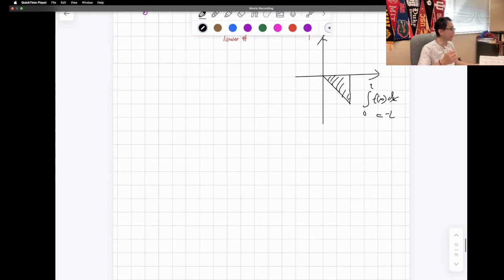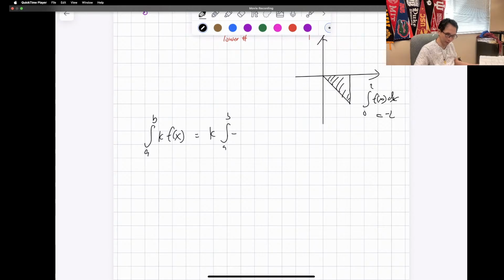Also, the old definite integral properties still exist. For example, the integral from a to b of k f of x is k times the integral from a to b of f of x dx. This still works like before, now you just have a boundary.